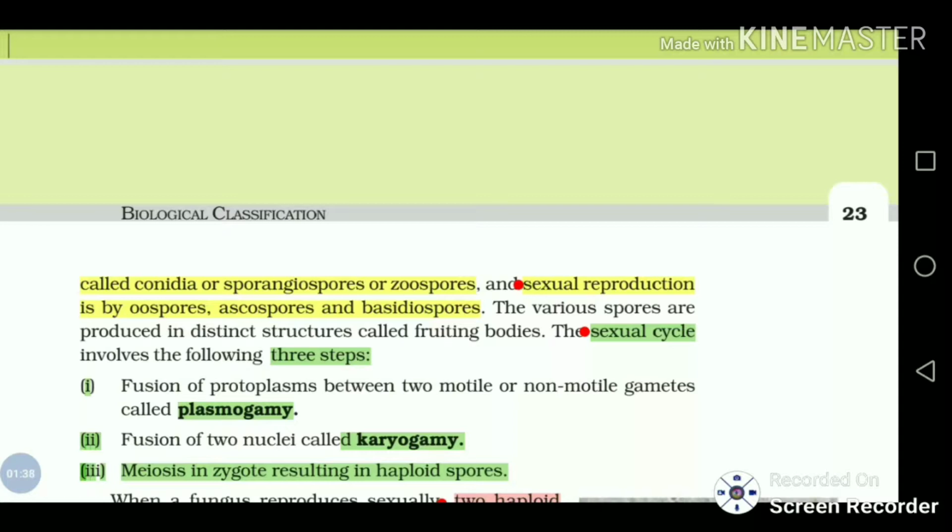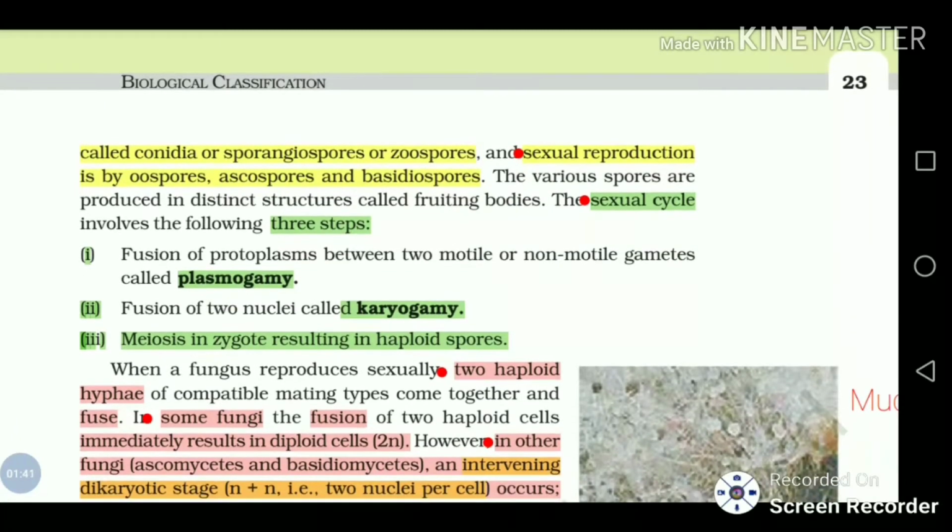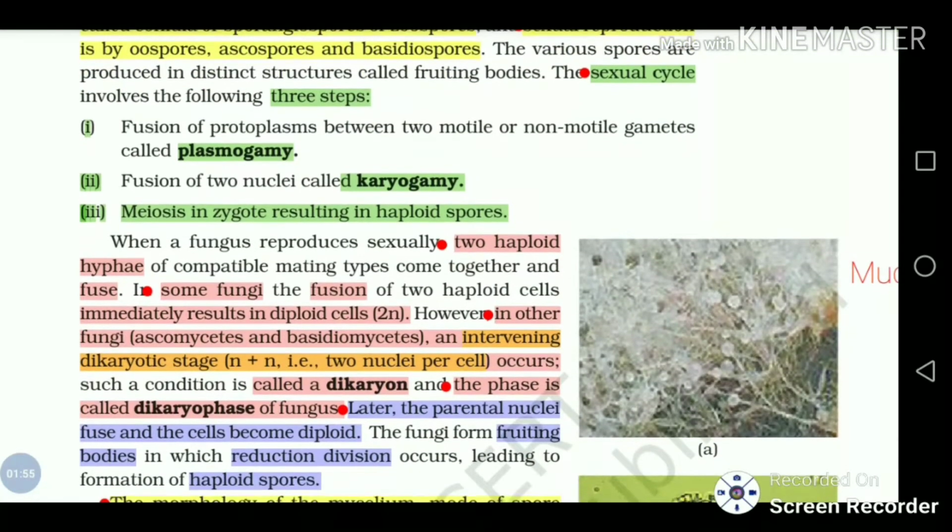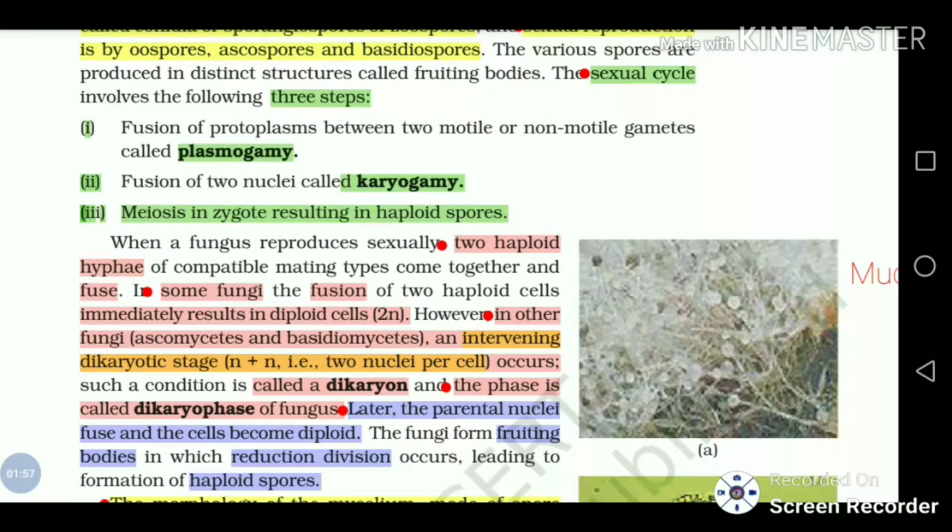The first step in the sexual cycle is the fusion of protoplasm, which is called plasmogamy. The second is the fusion of 2 nuclei called karyogamy, and the third one is meiosis in the zygote resulting in haploid spores. In some fungi like ascomycetes or basidiomycetes, 2 haploid hyphae after fusing do not immediately result in a diploid cell.